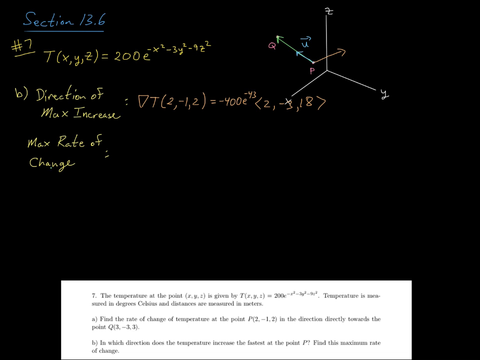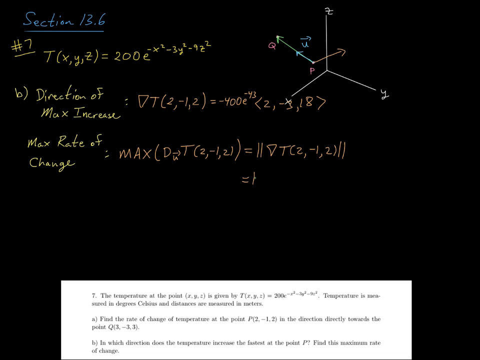And then what was the max rate of change again? Oh, that was the magnitude of the gradient. So the max of our directional derivative of our temperature function at the point 2, -1, 2 in the direction of the gradient is just the magnitude of our gradient evaluated at our point.